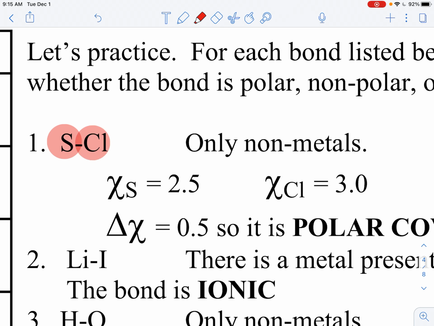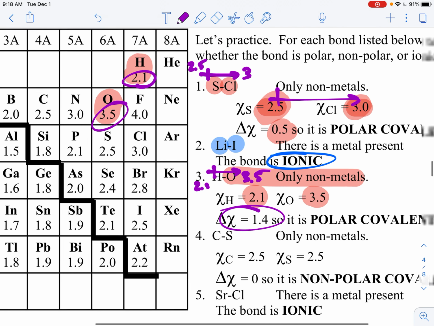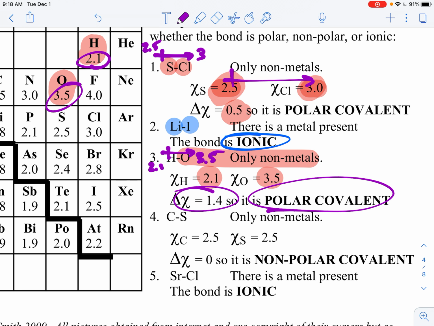Their electronegativity numbers are 2.1 and 3.5, so the difference between them is 1.4. That's a really big difference. So you're going to end up with an arrow that goes from the 2.1 over to the 3.5. Once again, that is a polar covalent situation.